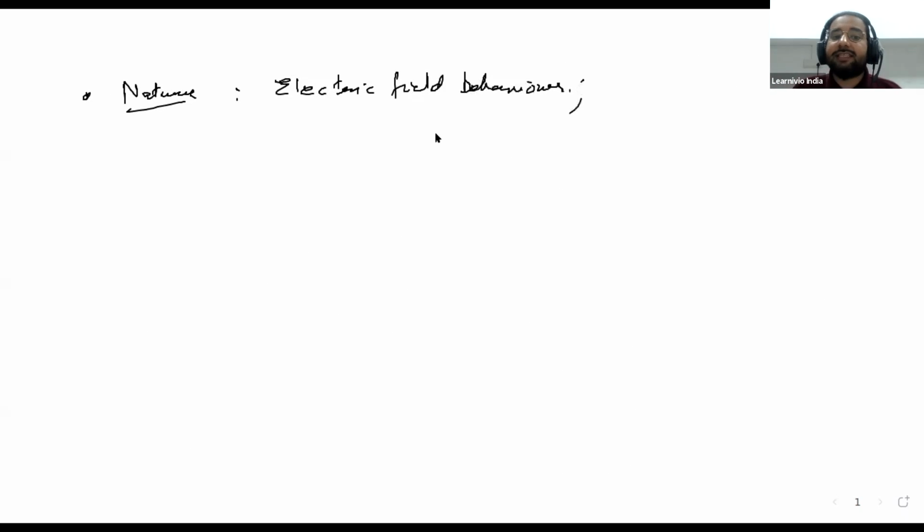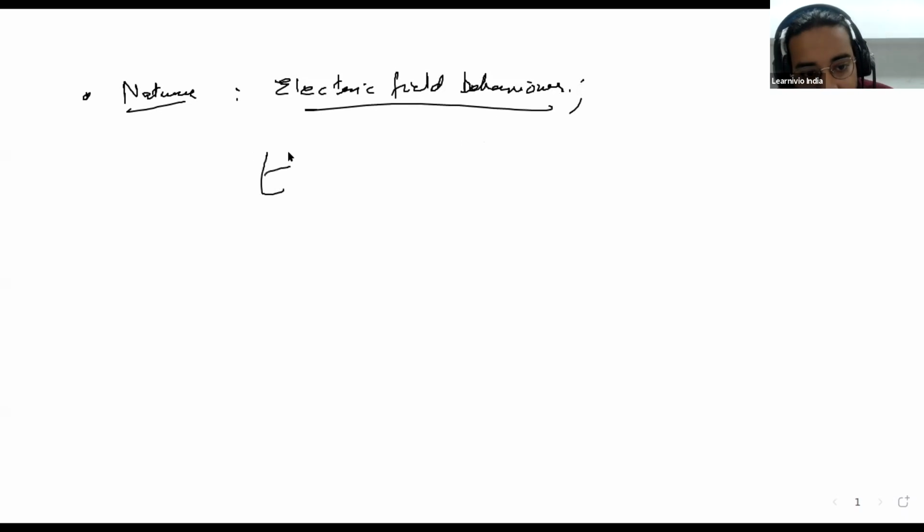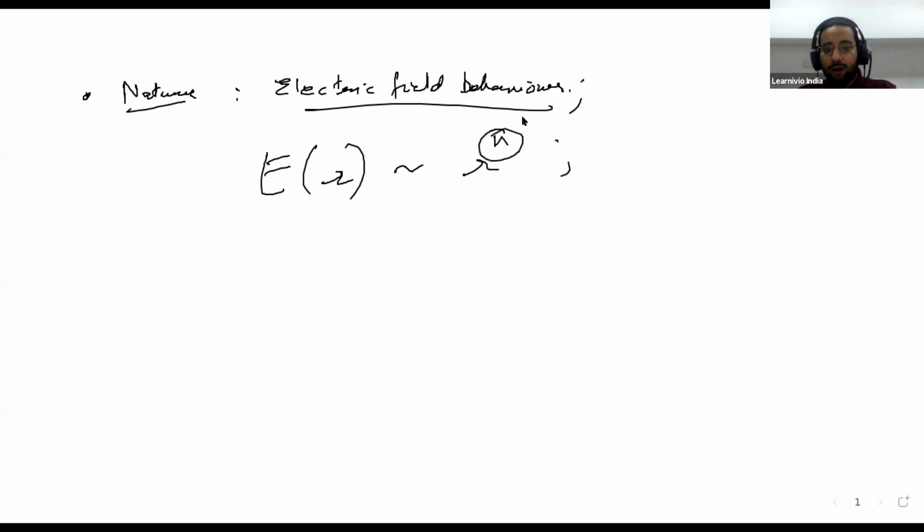And when I say the behavior of the electric field, what I essentially mean is that the electric field, we know, is going to be a function of r, correct? Now, what dependence there is, to the power n, whatever this n is, essentially dictates the behavior of the system.